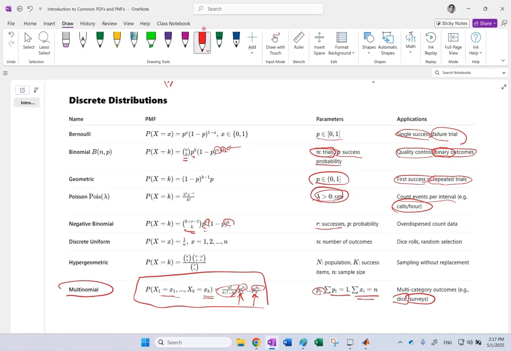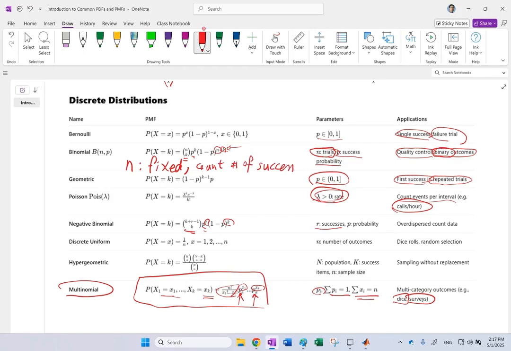So here in the binomial, N is fixed, and what we want to do is to count the number of successes, or if we know the number of successes, what's the chance of that?